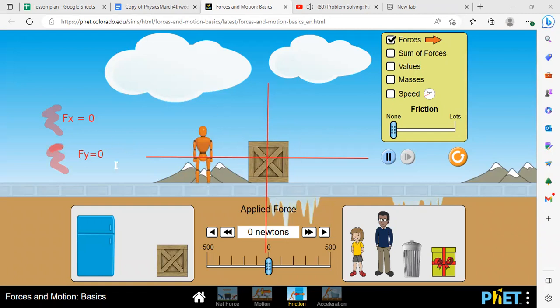So, tama ba na walang forces that are acting on it? Hello guys, gising pa ba tayo?